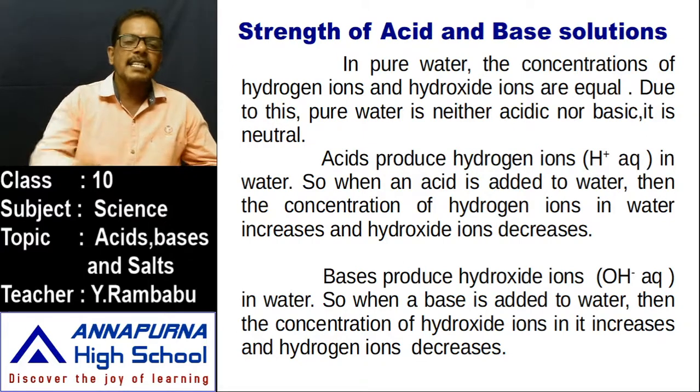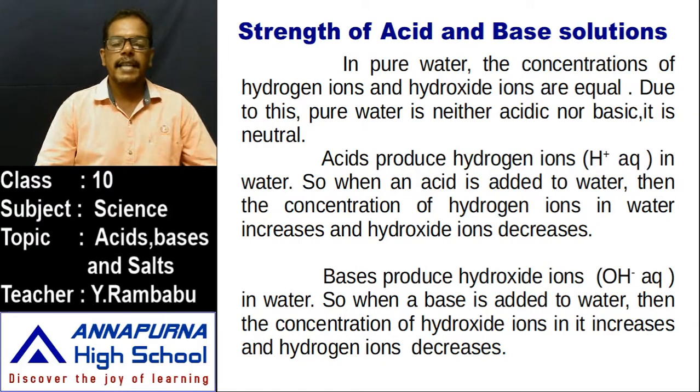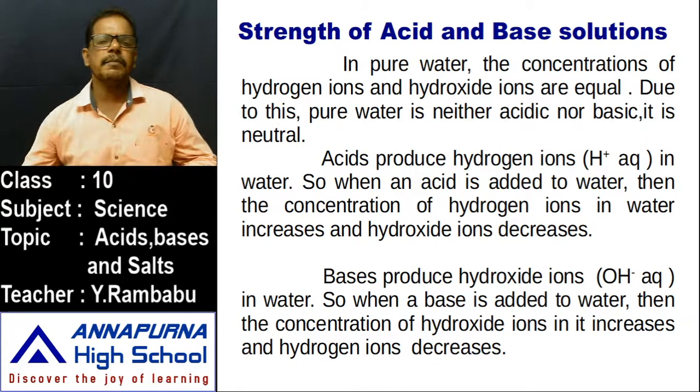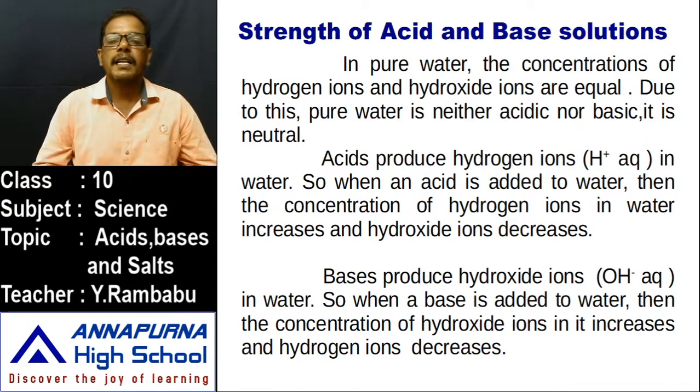If an acid is added to the distilled water, more H+ ions are present in it. That means the concentration of H+ ions increases. At the same time, the concentration of hydroxide ions decreases. Why? Because acid is added to water.